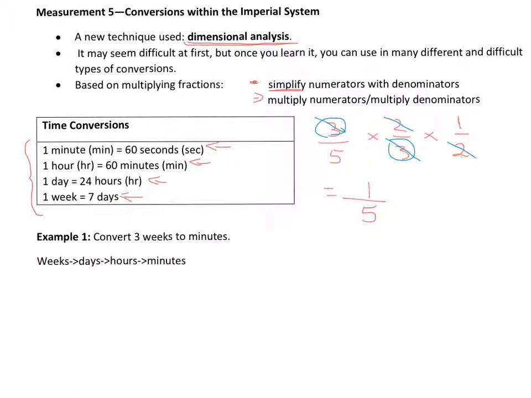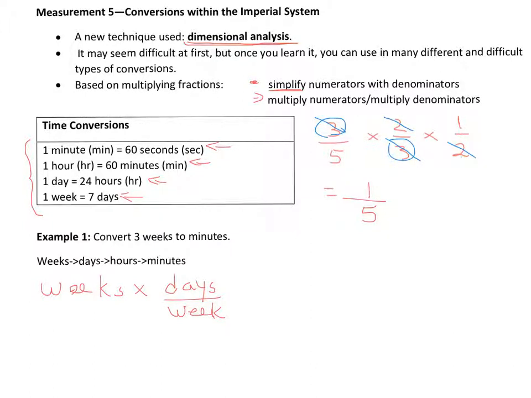So what I start with then will be weeks, and I'm just going to write the units down. I'm not even going to write the numbers down for this next step. Weeks, and then I'm always going to multiply, and then I want to turn them into days. So what I'm going to multiply by is days per week.